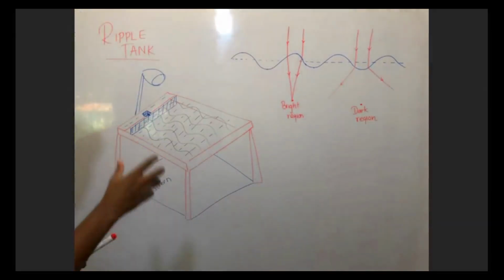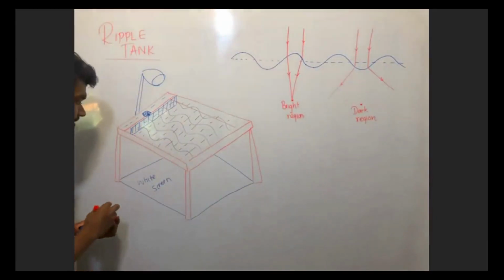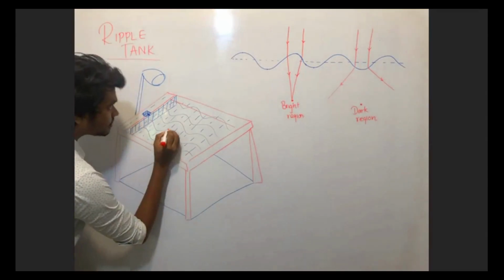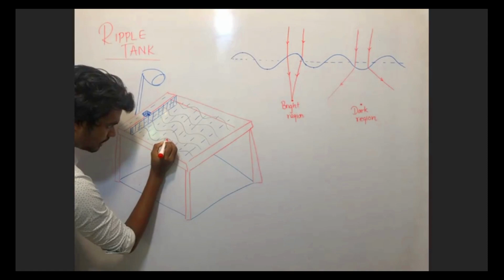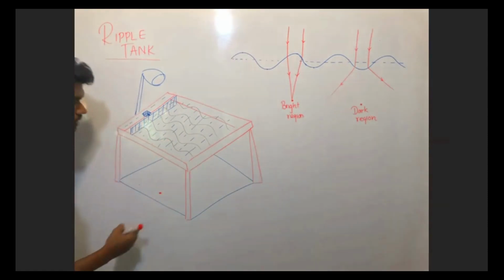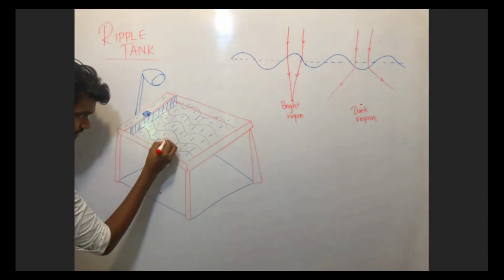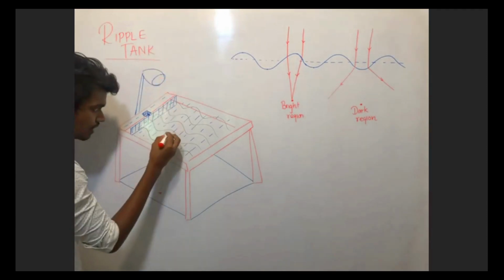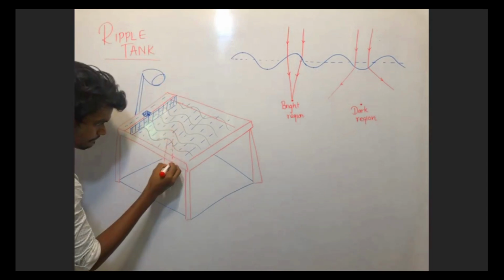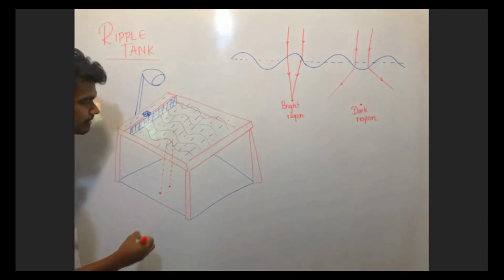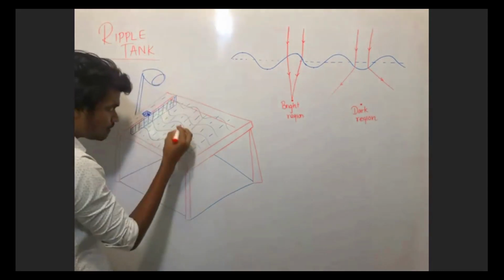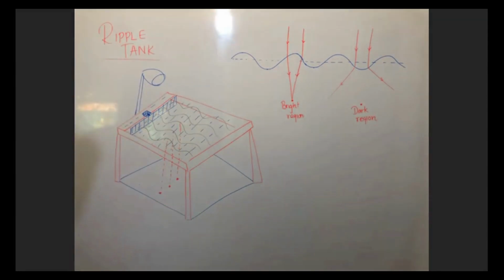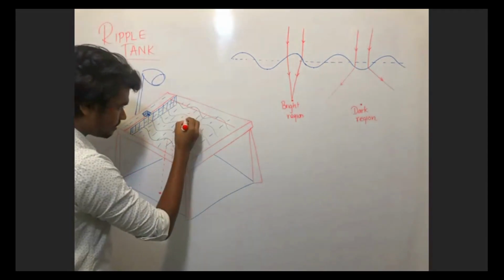This is it. The light ray that falls onto these troughs directly below, a dark region, sorry, bright region. The light ray which falls onto the crest of this wave, once again bright region.